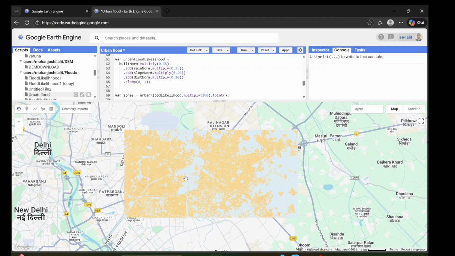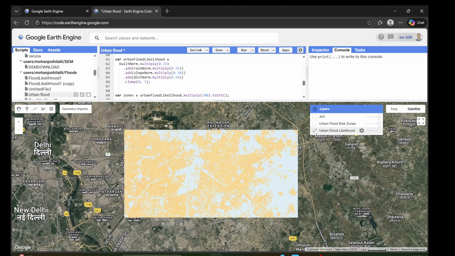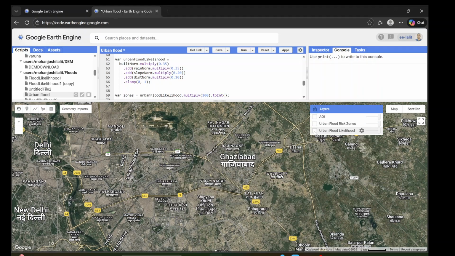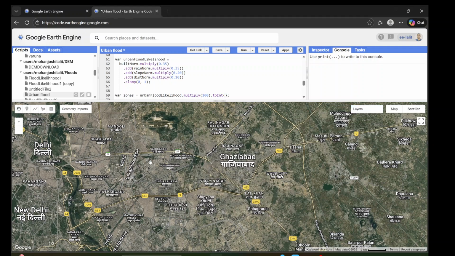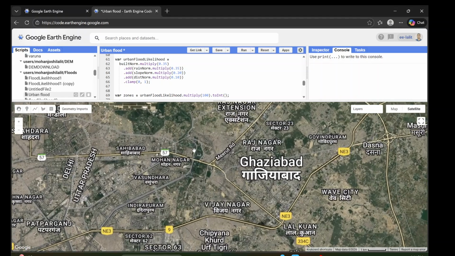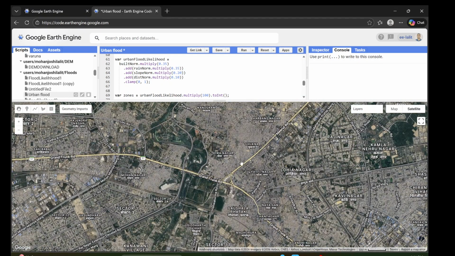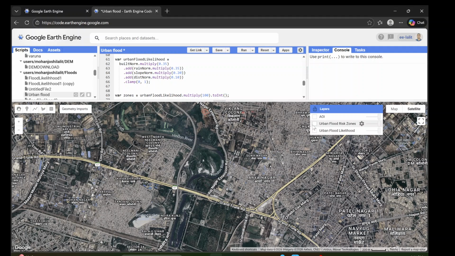If we look at the satellite image, wherever there is orange, this is mainly urban flooding, meaning this area has more flood likelihood because it's an urban area. You can also see there is a river here, and near to that we have less.